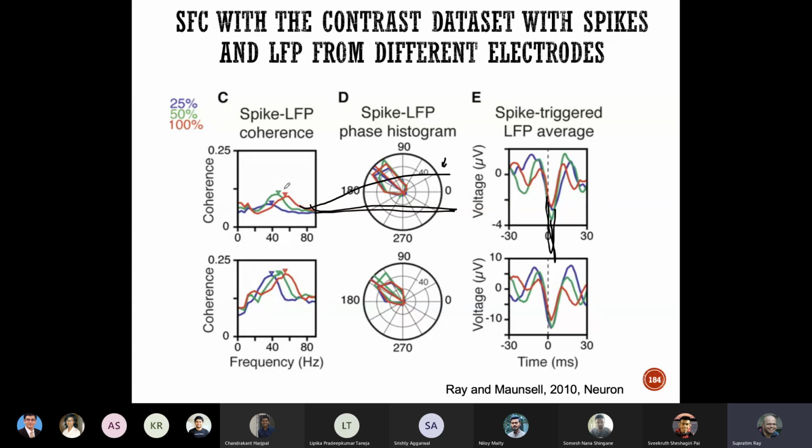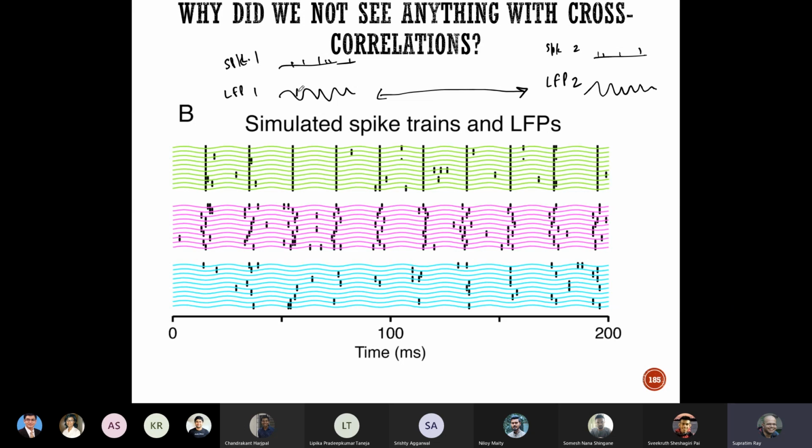In fact, spikes are at a particular phase of the neighboring LFP too, which means that the two spike trains must be coming at a particular phase of each other. So these two spike trains should have some phase relationship with each other as well.